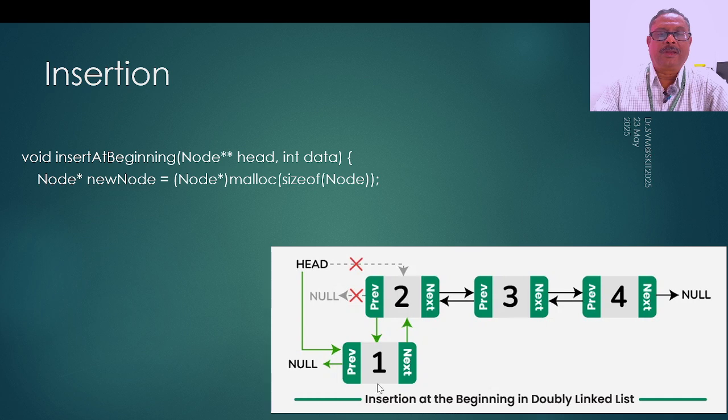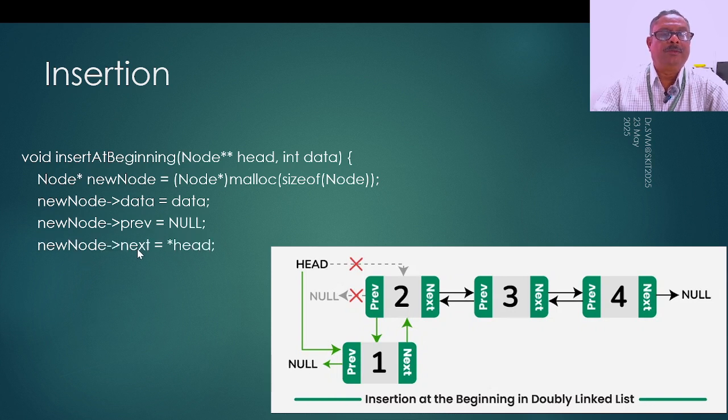First we create a new node, allocate the memory for that, and then we add the value to the new node. So we copy this data into the data field of the new node, and then we say the new node's previous is null, and then we say the new node's next is head.